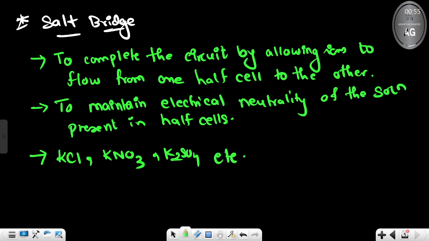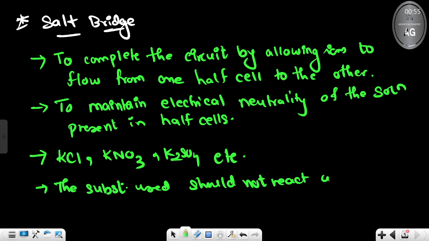But which substances should be used? Please remember that the substances used should not react with the electrode or electrolyte.